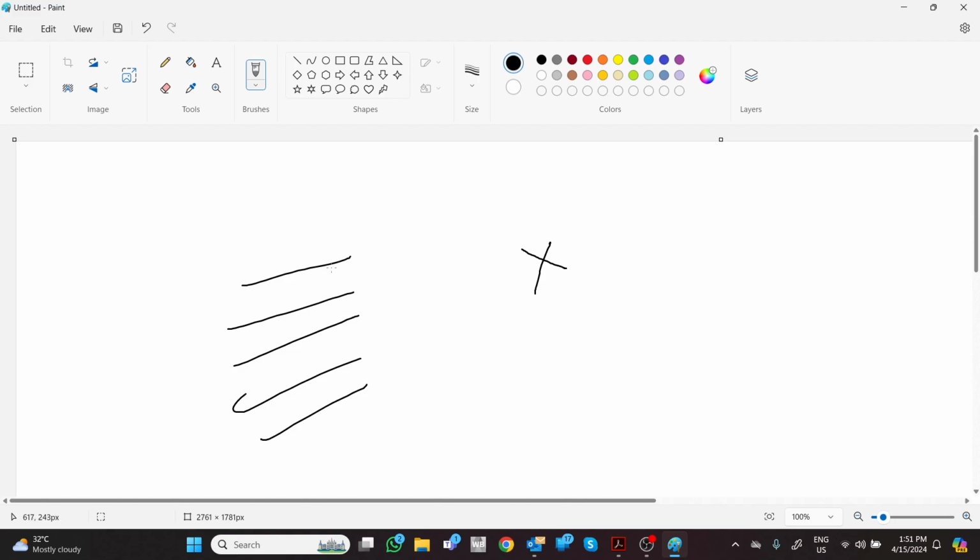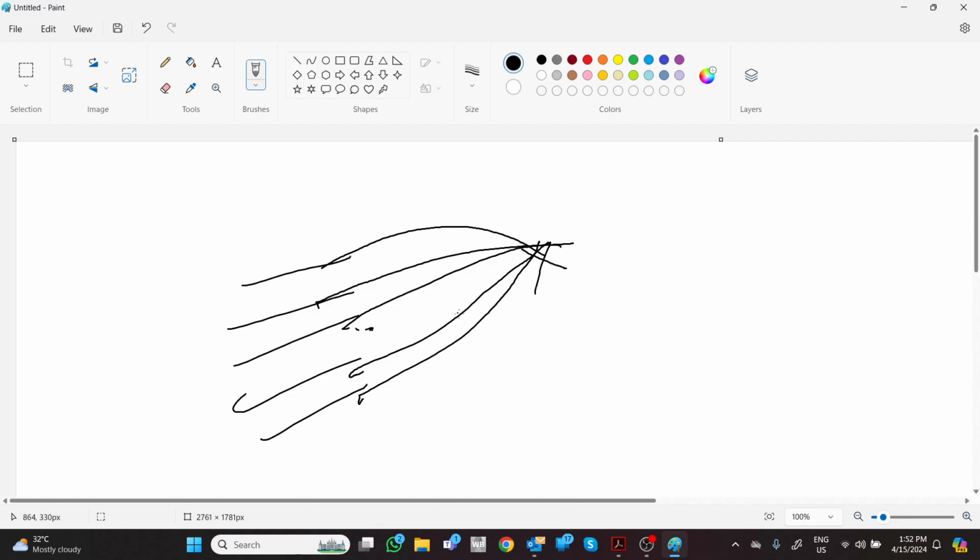So we know the water flow will go like this, like this, like this. So these will be the stream functions.